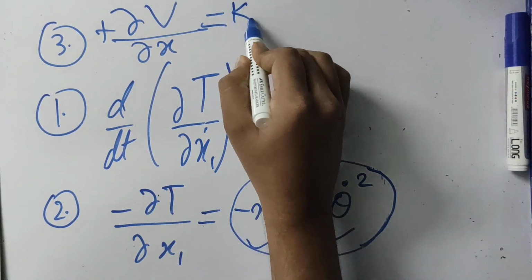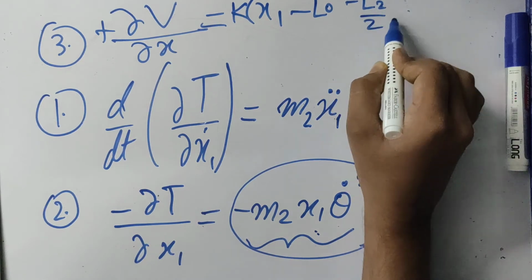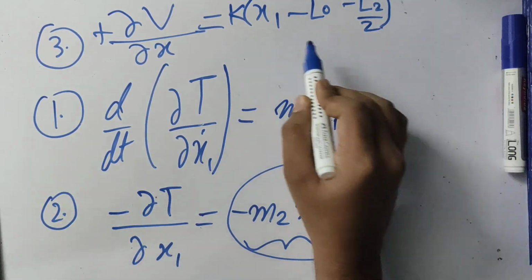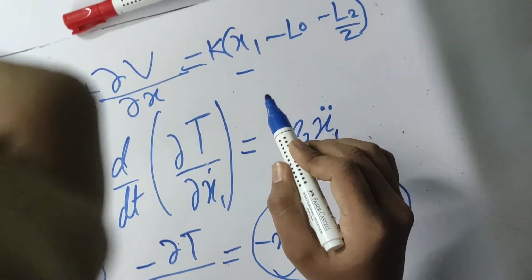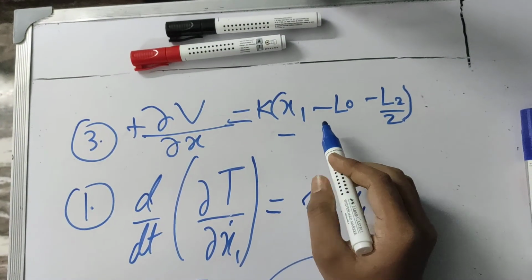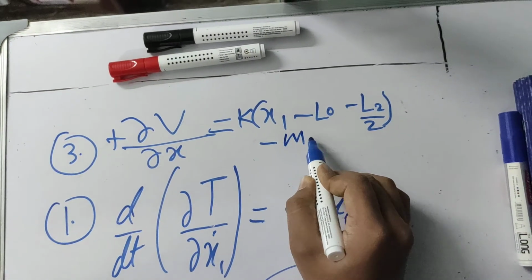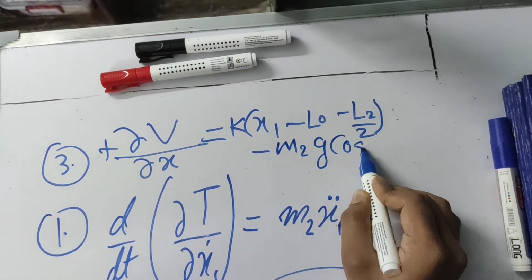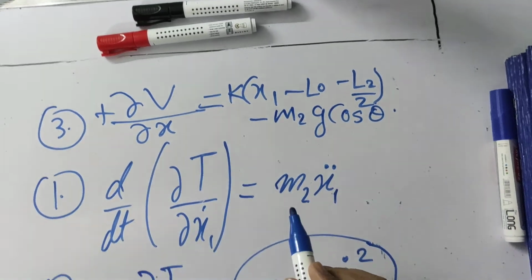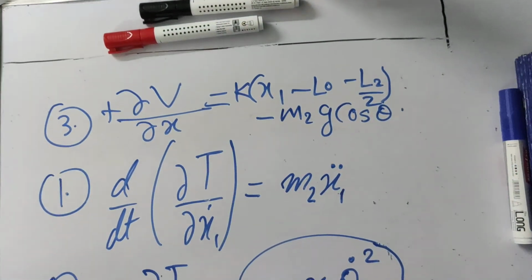Yeah, so that's k times x1 minus L0 minus L2 by 2 minus m2 g cos theta. Yeah, it's visible, right? So this is the third expression we are getting.